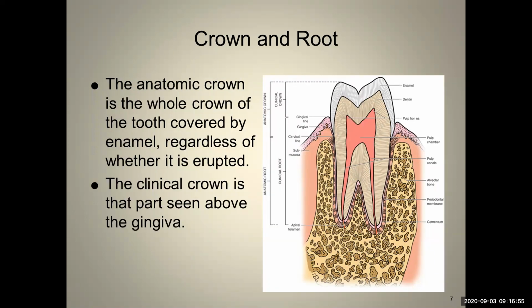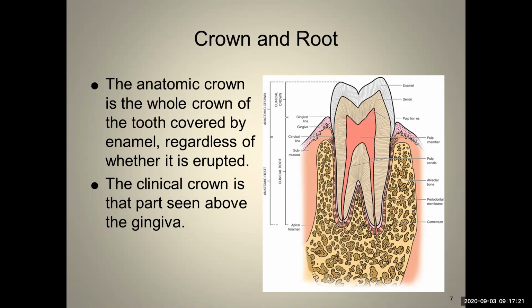Now we're going to break that down even further to confuse you. The anatomic crown is the whole crown of the tooth that's covered by enamel, whether it's erupted or not. So if it's covered by enamel, it is the anatomic crown. But the clinical crown is that part that is seen above the gingiva.